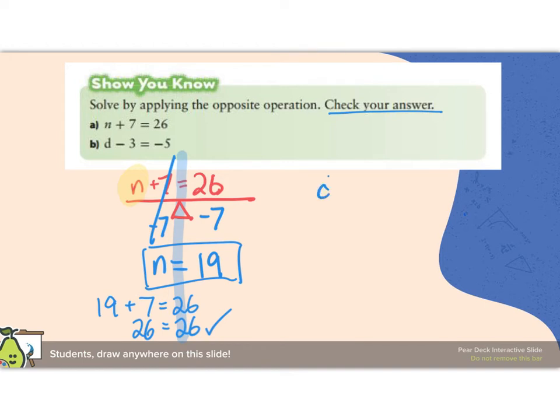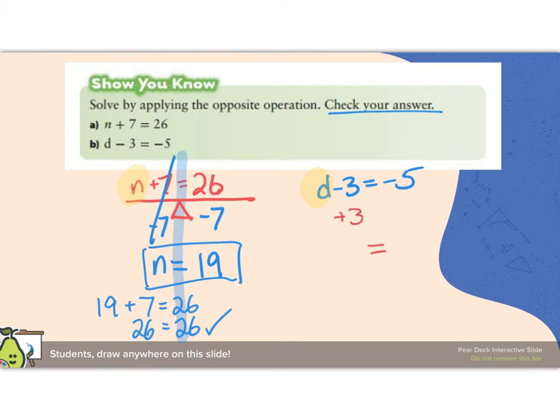So I have d minus 3 equals negative 5. Once again, I'm going to imagine that there's a line straight through the equal sign. The first thing I want to do is make sure I line up my equal sign, so I will be perfectly vertical. And I'm just going to highlight my variable. So I need to get this d by itself. Right now, the only other thing on this side of the equal sign is that negative 3. So to get rid of that negative 3, I'm going to add 3.